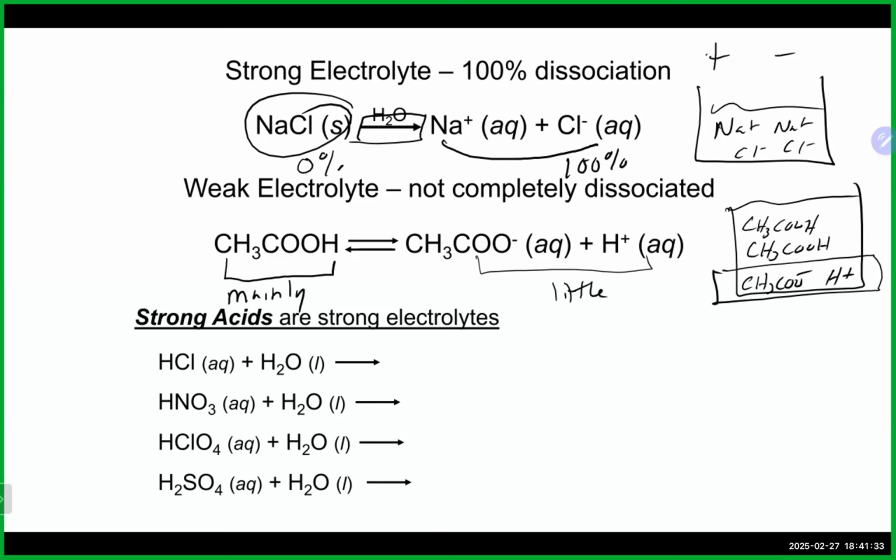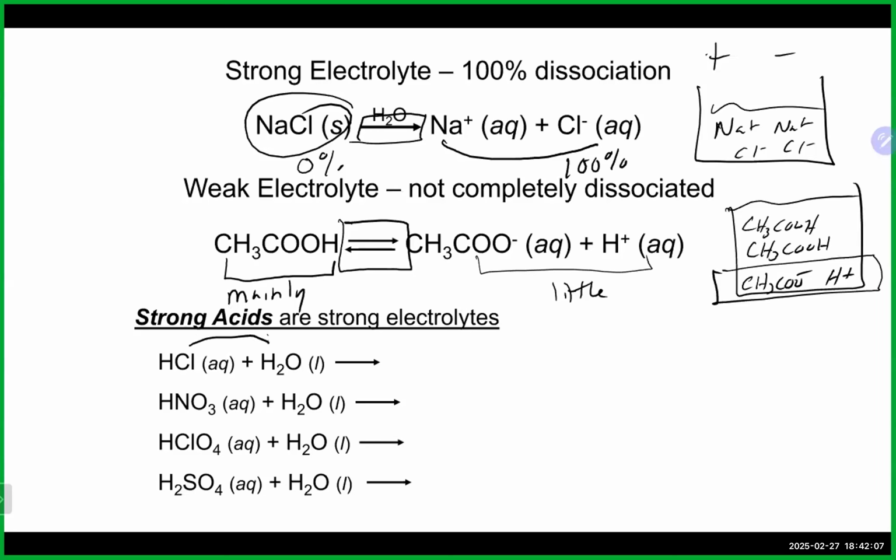Now, when we talk about acids and bases, there are certain acids that are strong acids, and certain acids that are weak acids, and there's also strong bases and weak bases. One of the other main differences with a weak electrolyte is we typically see these arrows heading in both directions, and that's our equilibrium, right? The arrows that we see are a reversible reaction, our forward direction and our reverse direction happening. So something like HCl, nitric acid, perchloric acid, sulfuric acid, these are all strong acids.